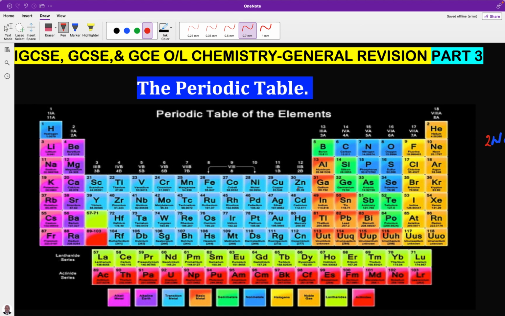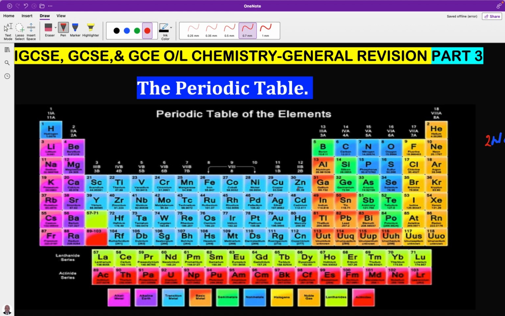With this type of thing on group 1, the examiner could ask some tricky question based on the observation that you see when reacting the alkali or group 1 metals with water.